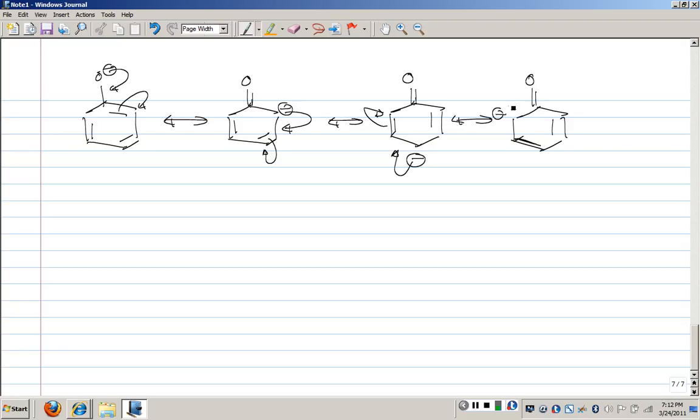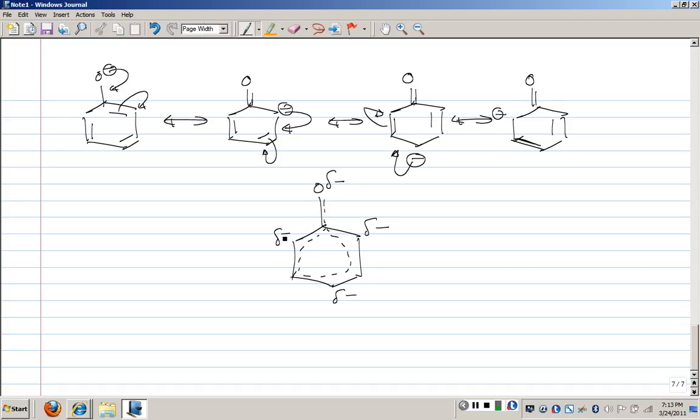And of course, if I go one more, I'll end up with what I started with. So really then, I can draw the phenoxide as a hybrid, which looks like this. O. There'll be a delta minus charge here, a delta minus charge here, here, and here.